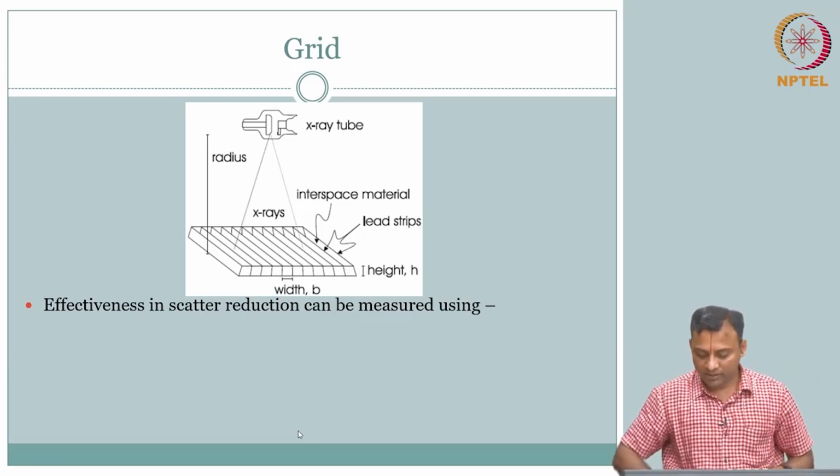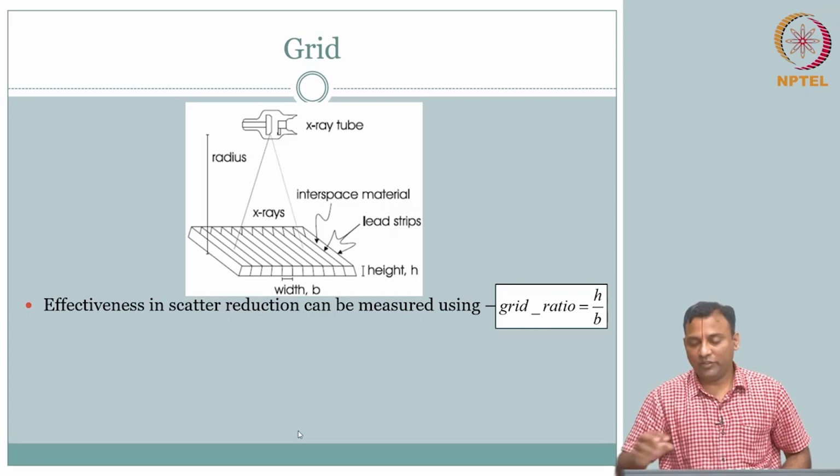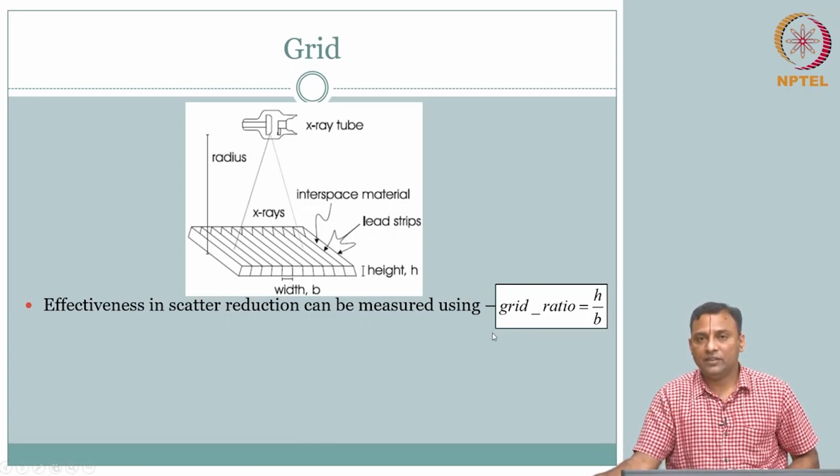So it's more about H by B, both of them. So the grid ratio is H by B. I want to make sure that I can manipulate this ratio to our advantage to talk about effectiveness.